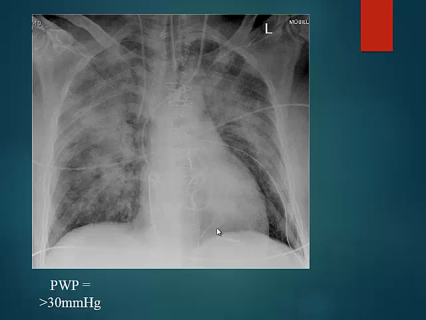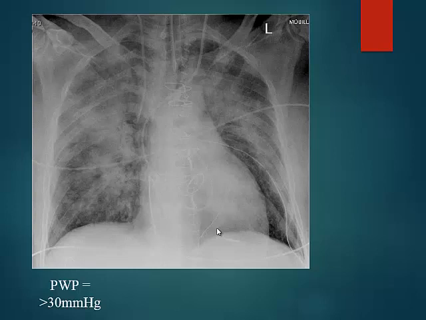But what else can happen after any surgical procedure? ARDS. And how would you differentiate between the two? Pulmonary wedge pressure. In pulmonary edema the pressure would be elevated, because that's the mechanism of pulmonary edema, while in ARDS the wedge pressure will be normal.